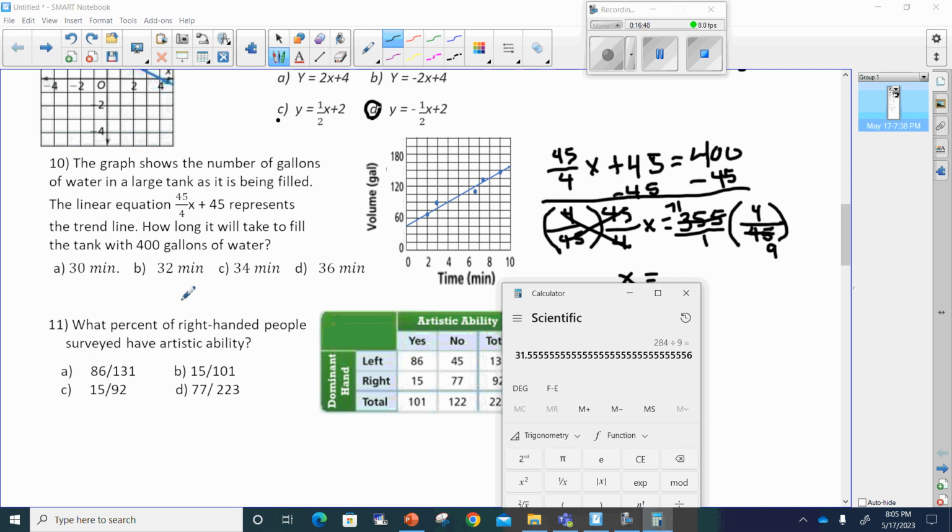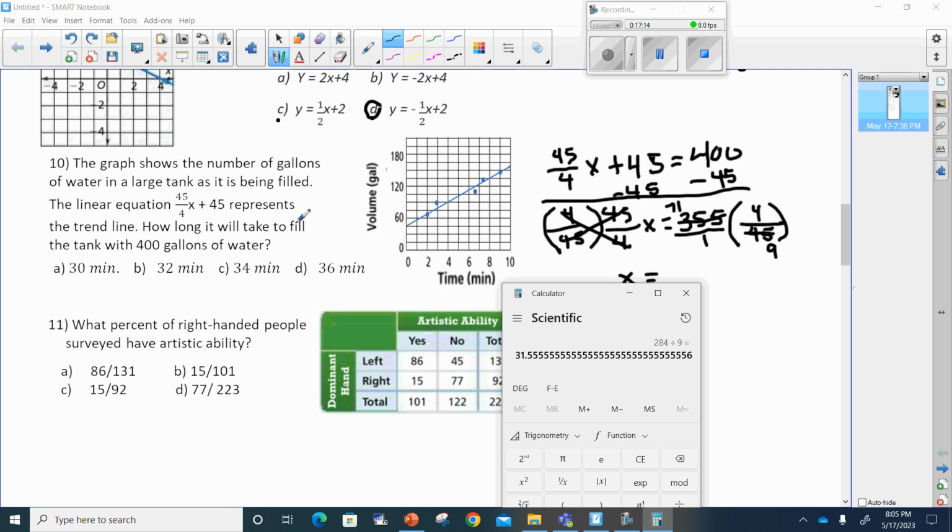Says 30 minutes, 32, 34, 36. We're talking about 31.5. This is how long will it take to fill the water tank to 400 gallons. Wow. I kind of expected it to give me a cleaner number than that. The graph shows the number of gallons of water in a large tank that is being filled.